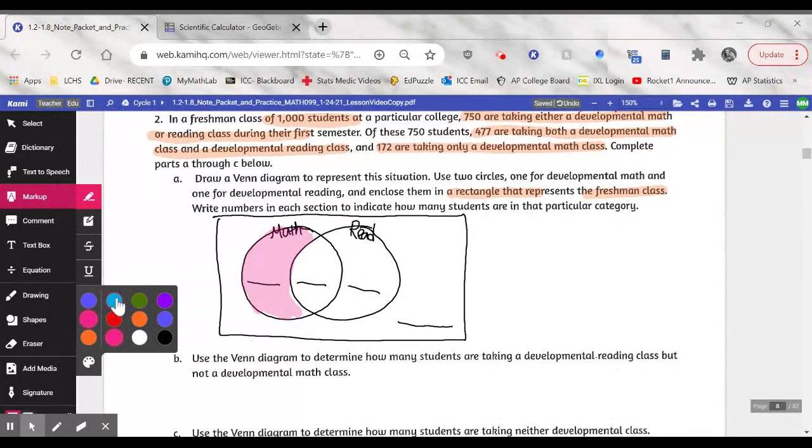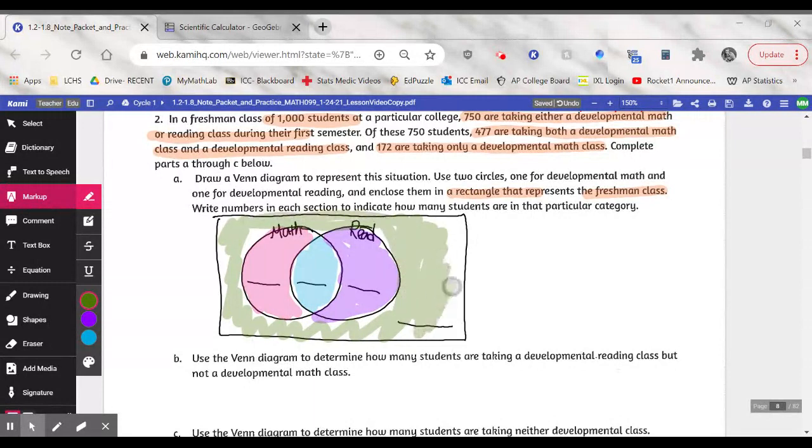Then I'm going to have the both of them be blue, the reading only be purple, and then I'll have the neither be green.